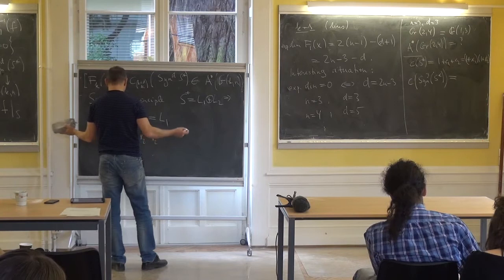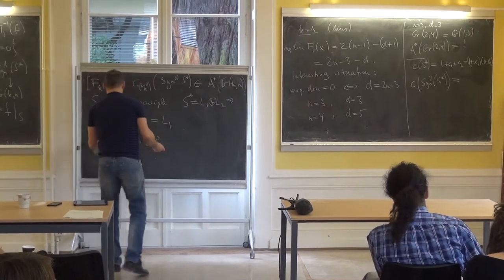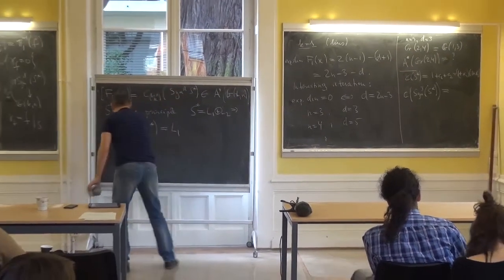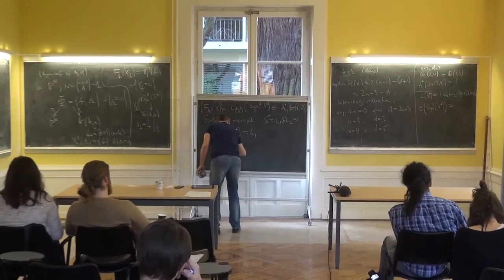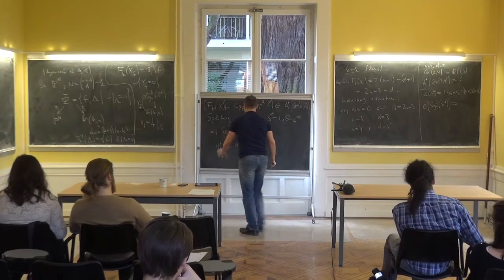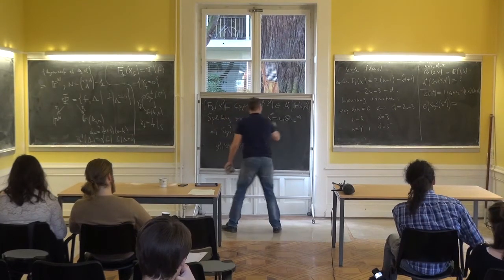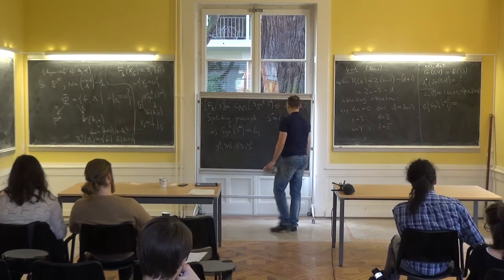Now I know why I wrote it differently originally in my notes. Okay, so corresponding to these two things, this corresponds to y1 and this corresponds to y2 as linear coordinates.